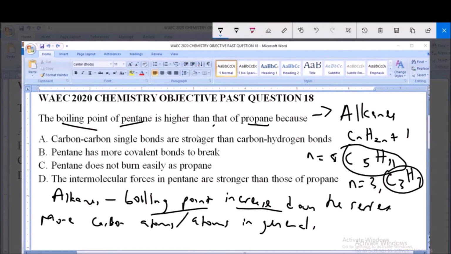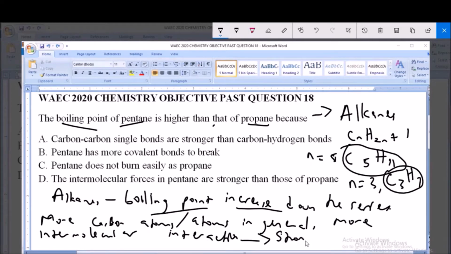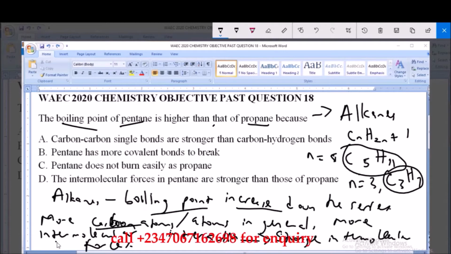And when you have more atoms, this means that you have more intermolecular interaction, and more intermolecular attraction means stronger intermolecular forces. So the more atoms you have, especially carbon atoms, the stronger the intermolecular force. Now this stronger intermolecular force determines the boiling point.